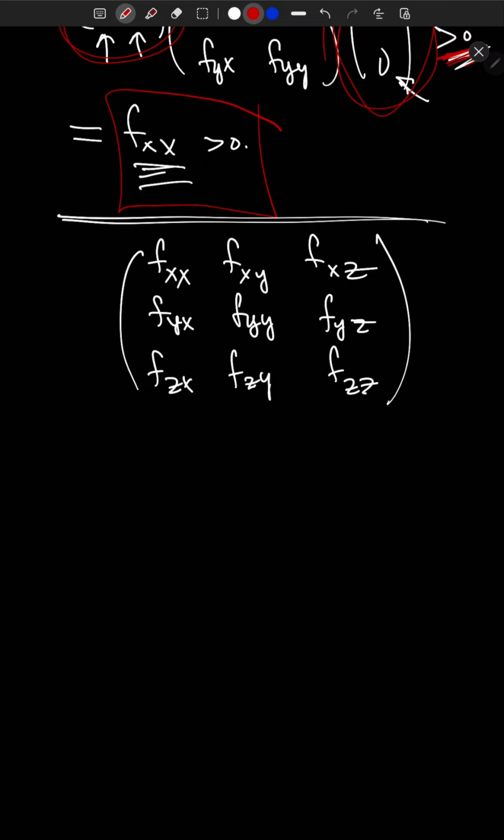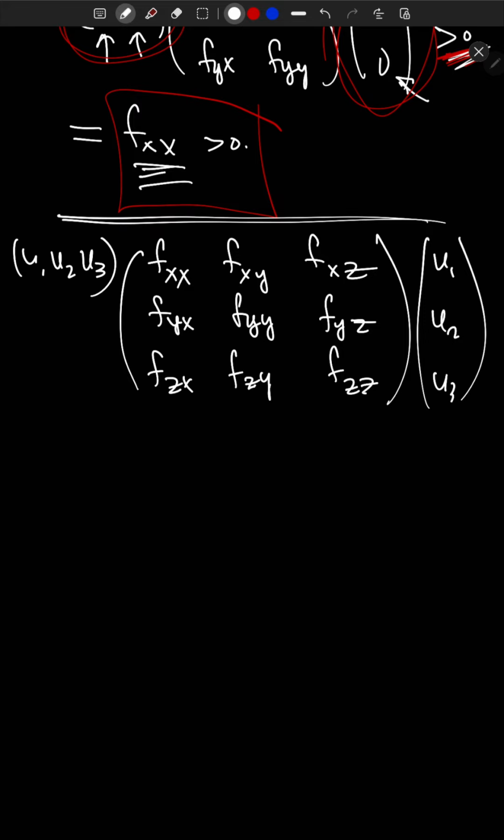concave up or concave down in linear directions for a three variable function. And if you wanted to know exactly how it's curving in a particular direction, you do exactly the same thing: u1, u2, u3, u1, u2, u3. If this happens to be a positive number, then you're concave up in the direction u1, u2, u3. If it's negative, it's concave down.